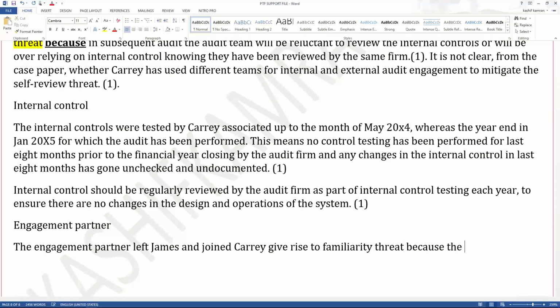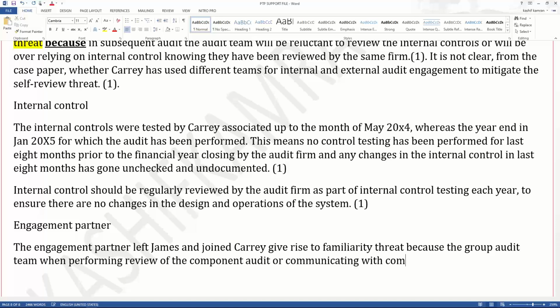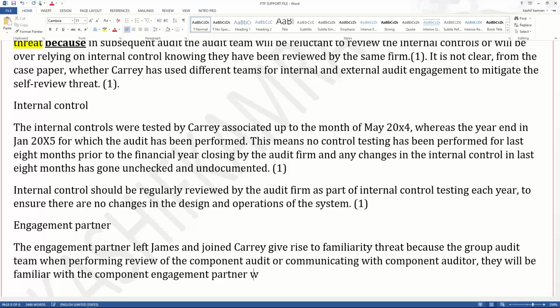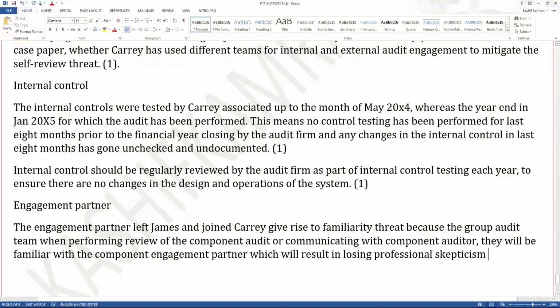Because the group audit team, when performing review of the component auditor or communicating with the component auditor, will be familiar with the component engagement partner, which will result in losing professional skepticism and due care. Is everyone hearing me?